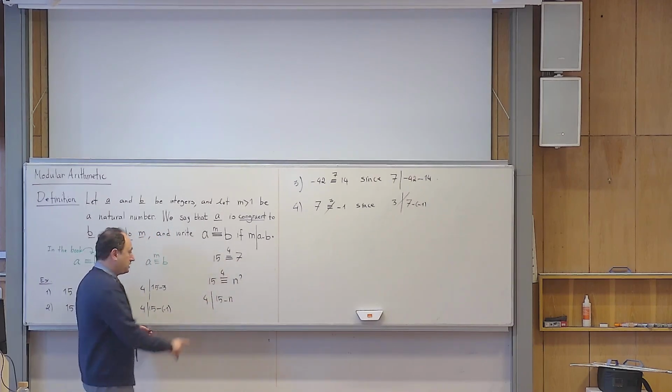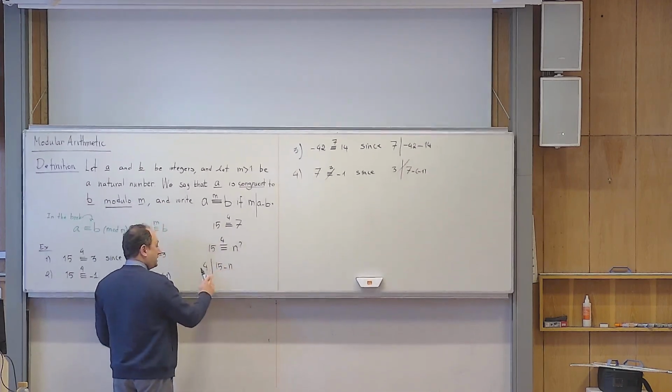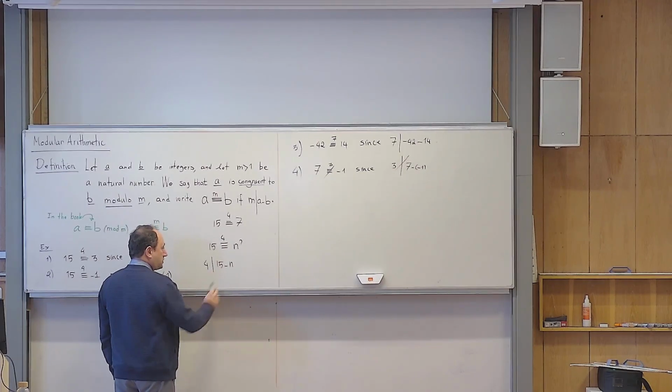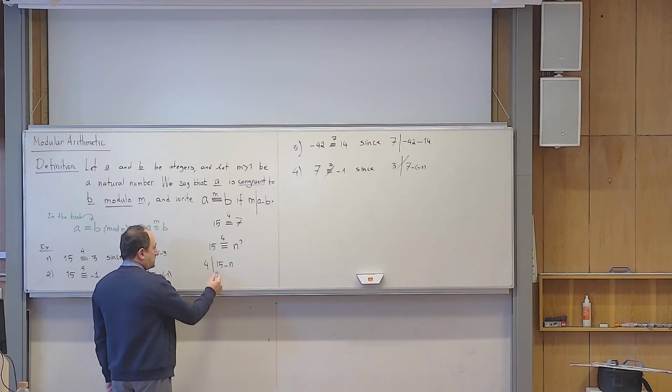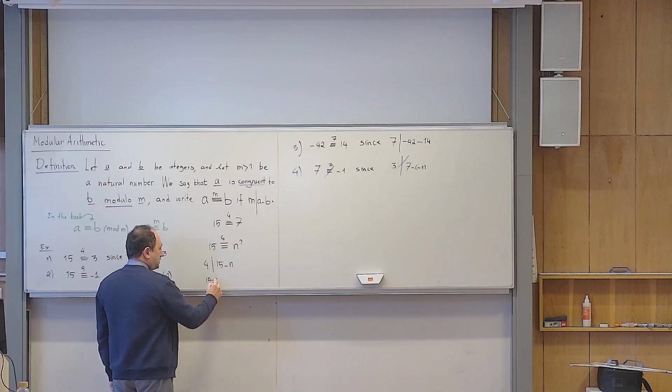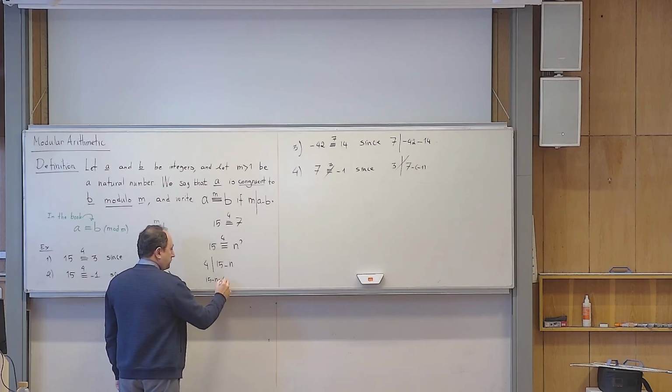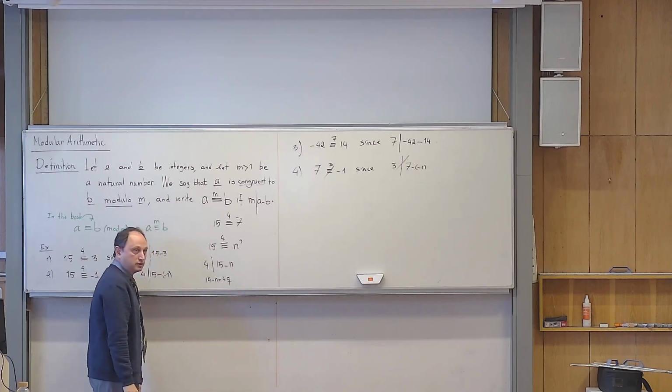Yes? But what is the meaning of this? We had the meaning of divisibility before, because I am looking for all names of n. So I would say that when you say this number is divisible by 4, what does it mean? It means the right-hand side is an integer multiple of the left-hand side. It is 4 times q. Yes?